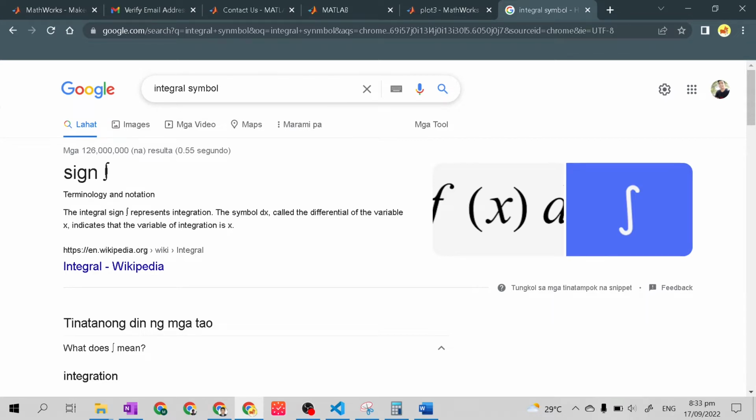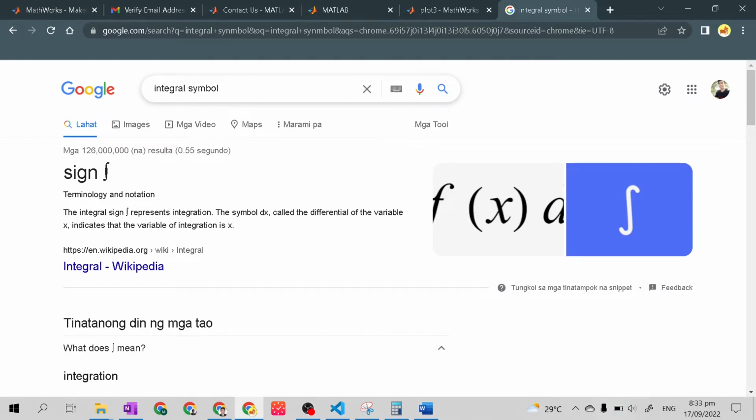In differential calculus, you have this dx over dt, which you use to solve for functions of rate. These are examples of math that use symbols. That's why they are called symbolic math.